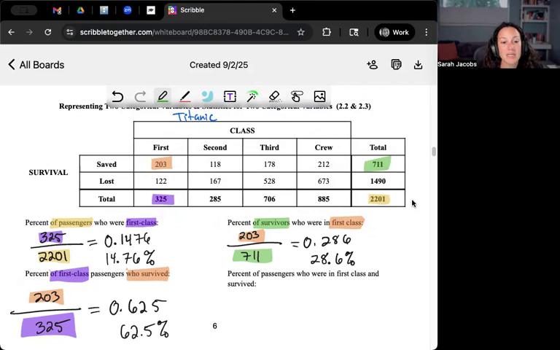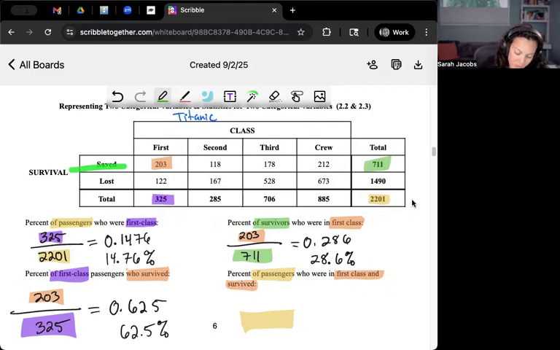All right. And last but not least, we want to look at the percent of passengers who were in first class and survived. So let me back up. This "of passengers" is telling us it's out of the total again. So of passengers, that's going to be our denominator, who were in first class and survived.